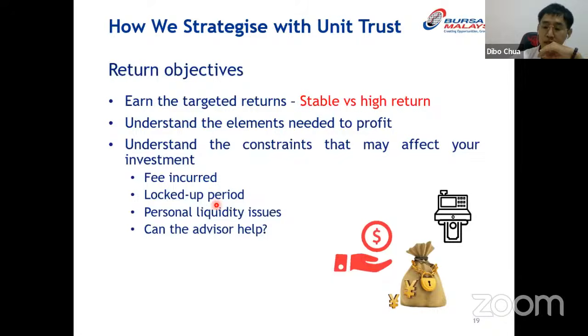Only after the time frame can you liquidate it and see how much it is. But this kind of investment, I always say it's not a good one, because the one that locks up your liquidity, your capital, is a very, very bad investment. If one day you need the capital for some emergency or anything like that, you can't just harvest it. Okay, and also personal liquidity issue.